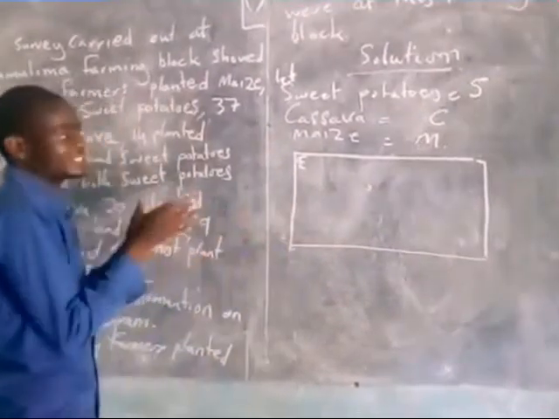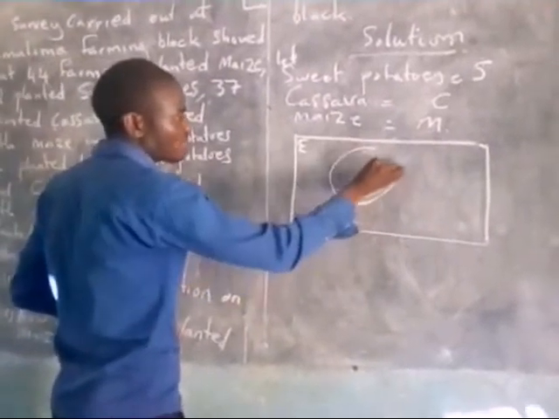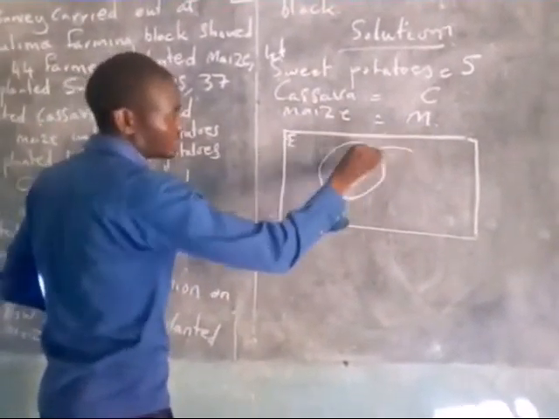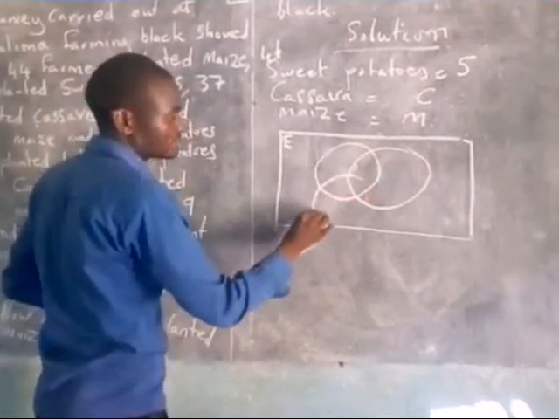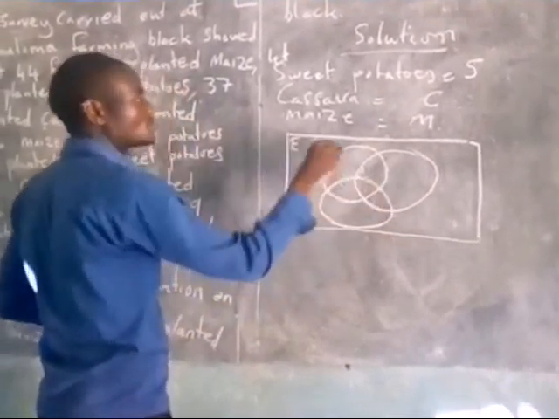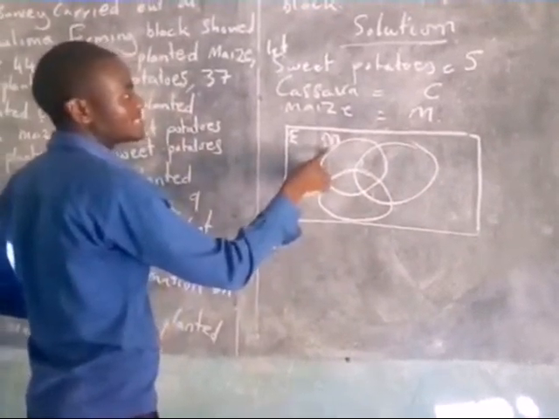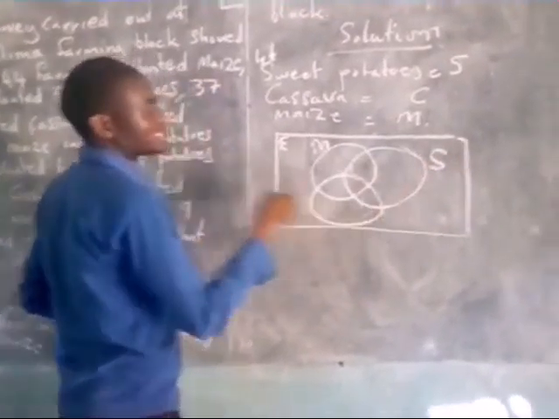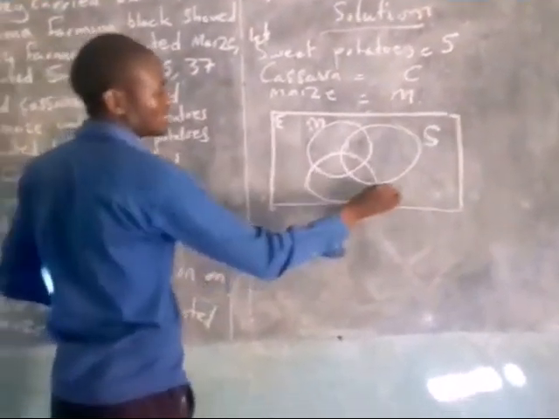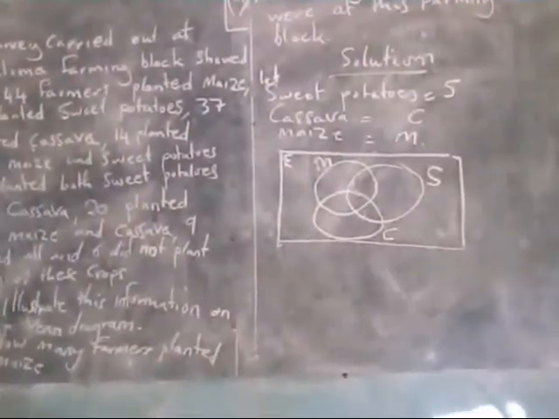Then we have 3 sets involved here: M to mean maize, S to represent sweet potatoes, and C to represent cassava.